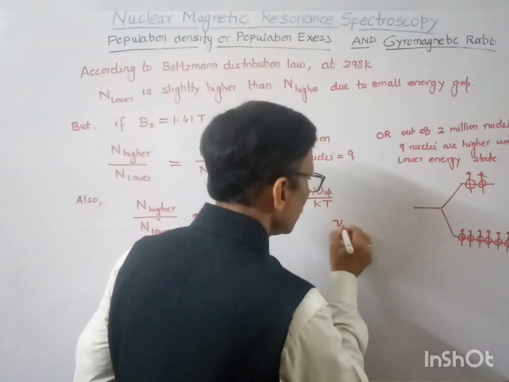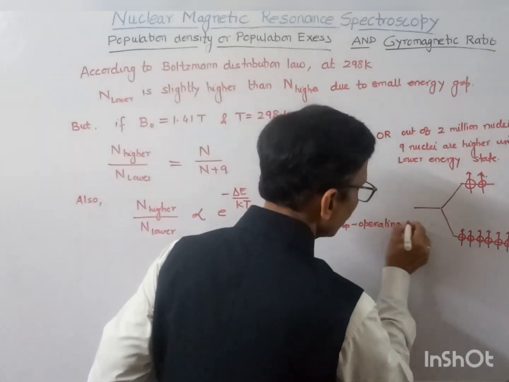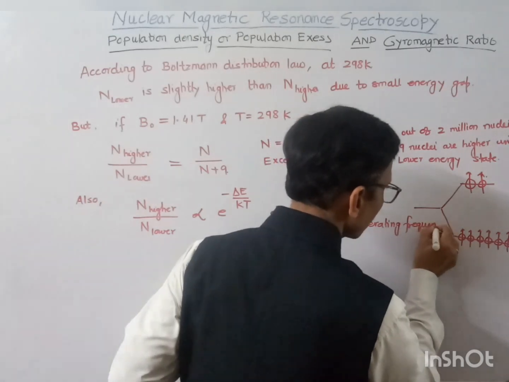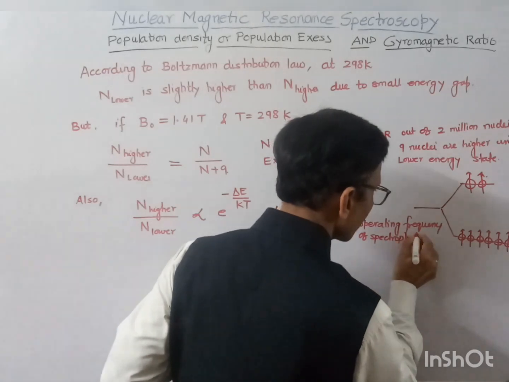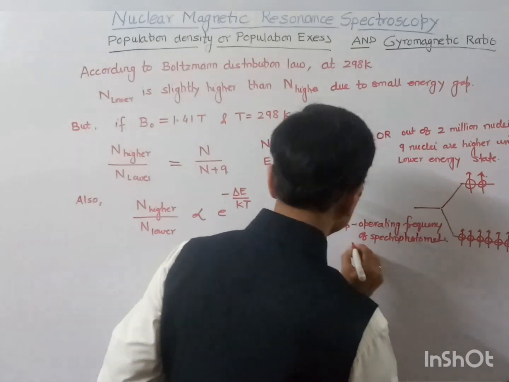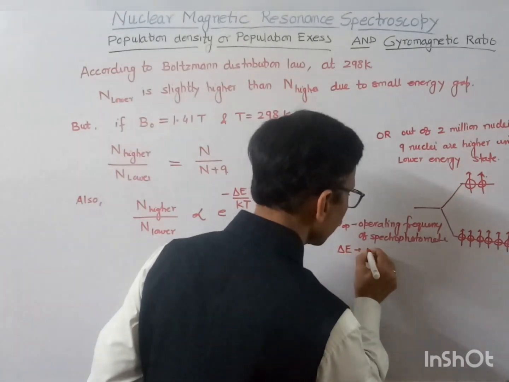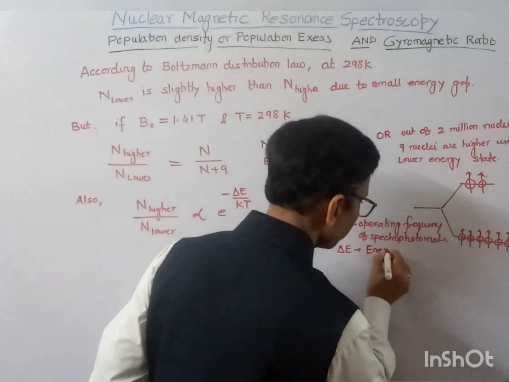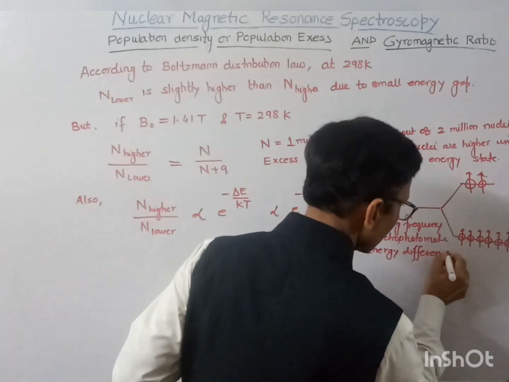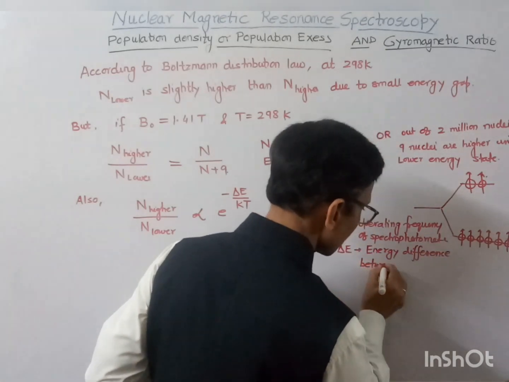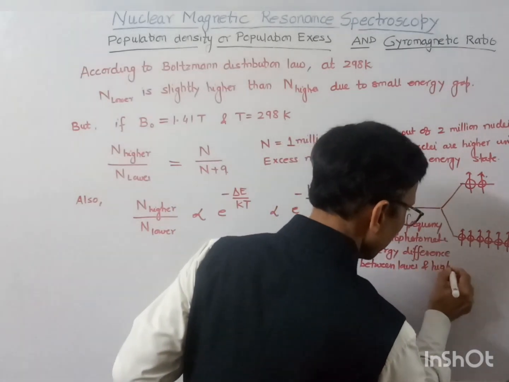Nu OP is the operating frequency of the spectrophotometer, and delta E is the energy difference between lower and higher energy state.